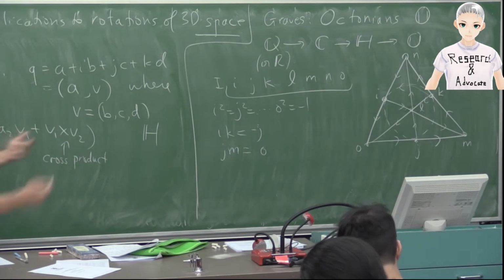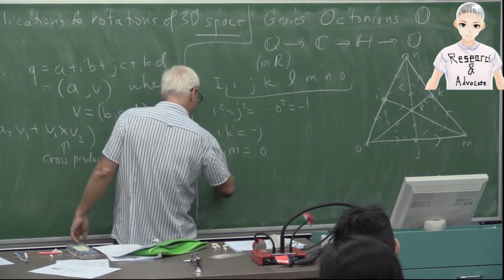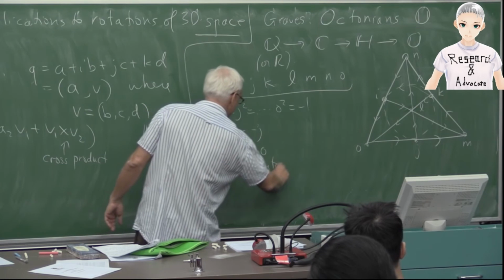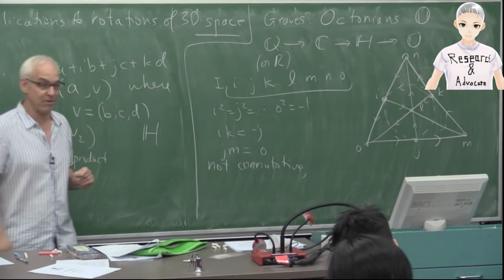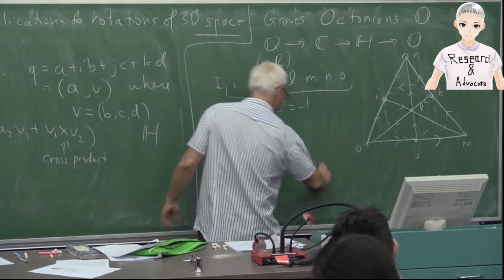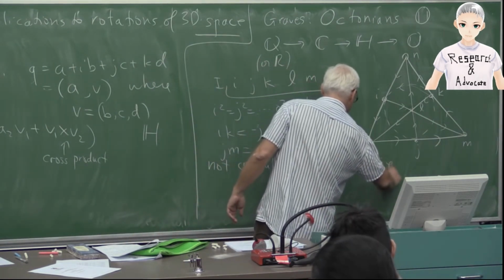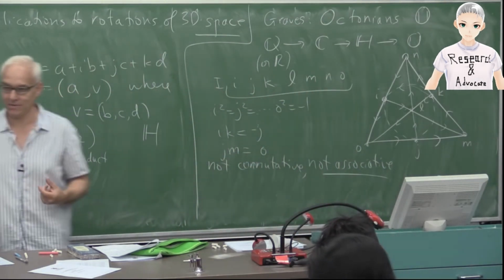Okay, so then this is an arithmetic which is no longer commutative, and in fact it turns out to be also not associative either, as Hamilton observed. So we're losing not just commutativity, but we also lose associativity.